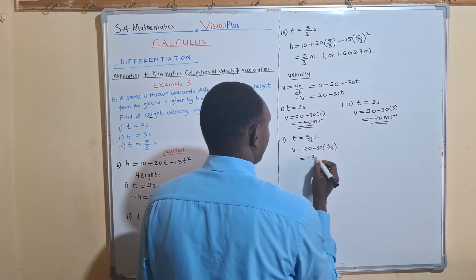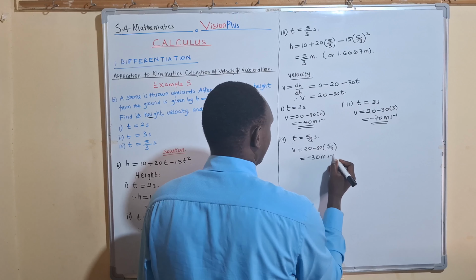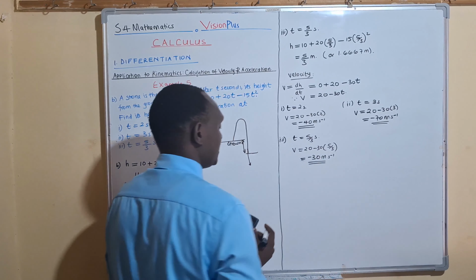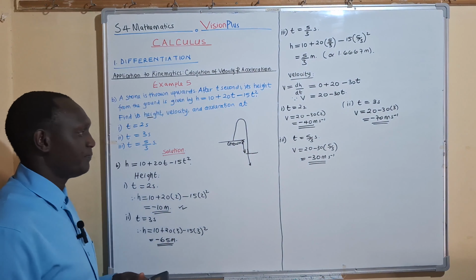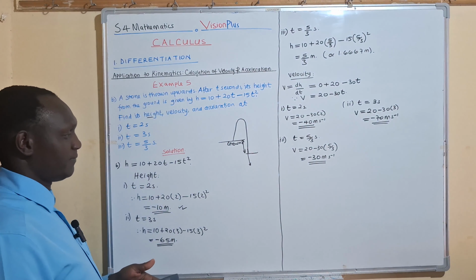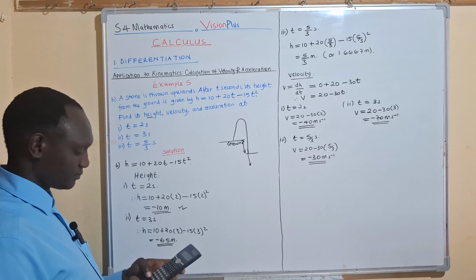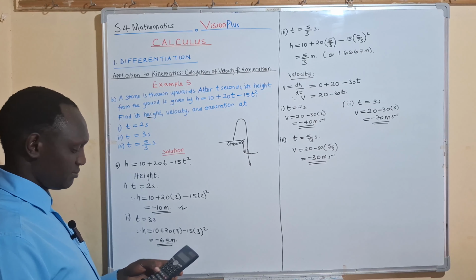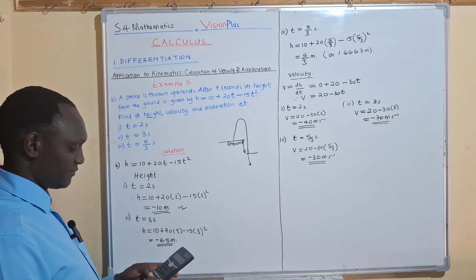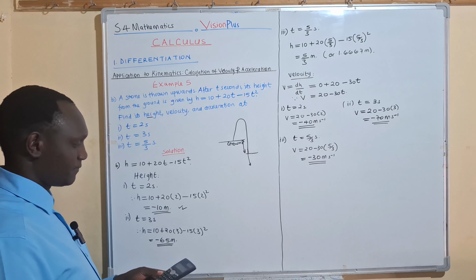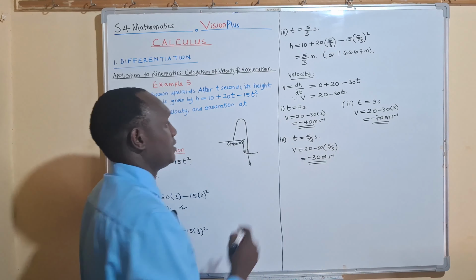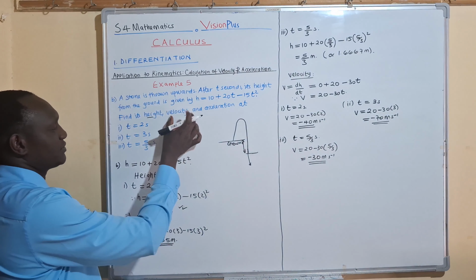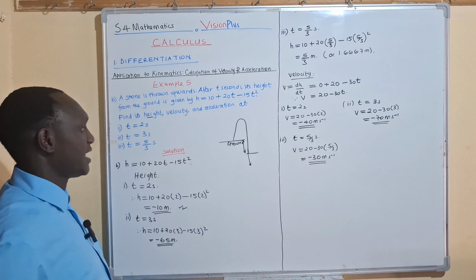I am getting negative 30 meters per second. This is the velocity when the time is 5 over 3. Can you confirm? 20 minus 30 times 5 divided by 3, negative 30. So those are the values for the velocity at the given times.